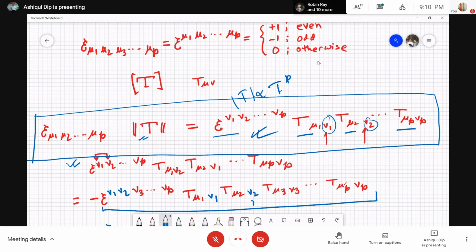I'm not sure the two properties are convincing enough. How do they prove that?